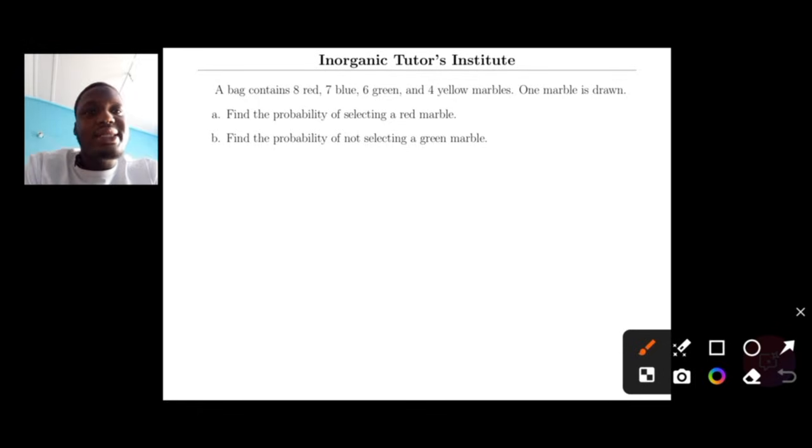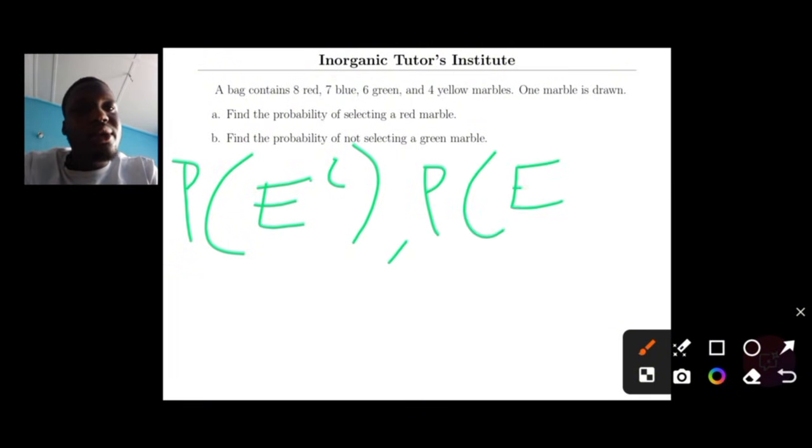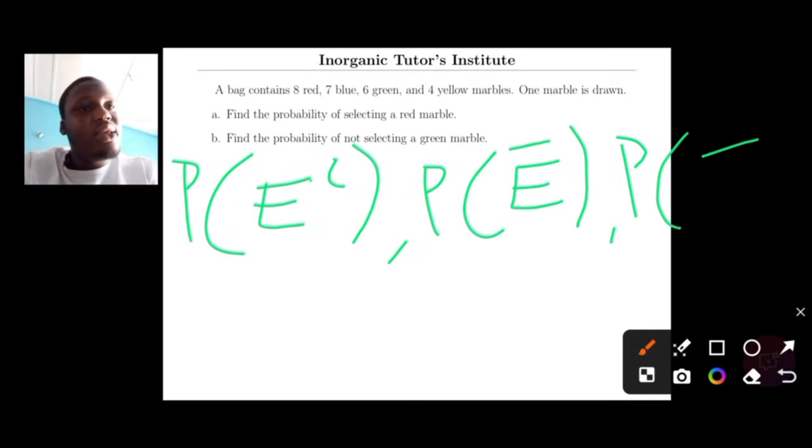So we talk about this B, the probability of not selecting a green marble. Remember complementary events or complementary probability, which we denote by P(E^c), or P(E bar), or P(E prime).